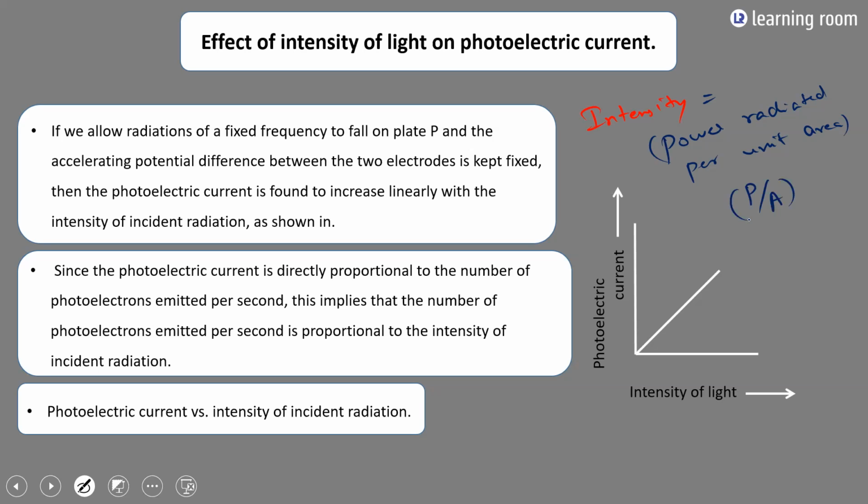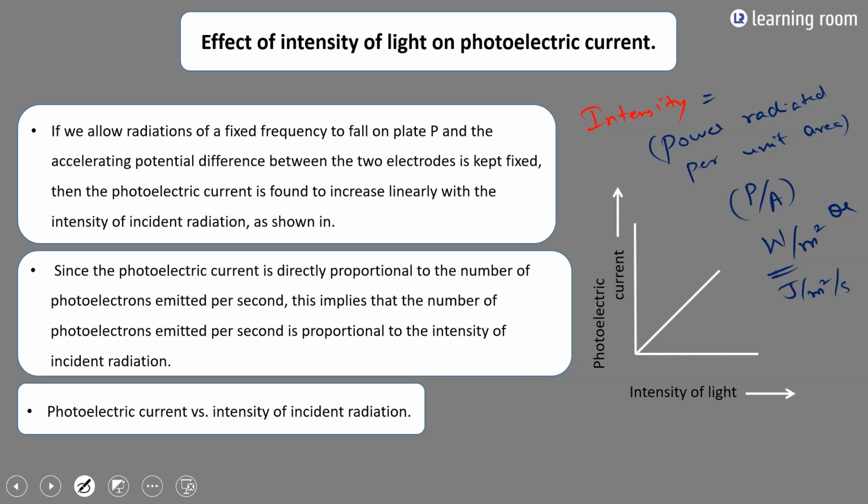This is not there in the textbook, so make a note of it. And its unit is going to be watt per meter square, or joule per meter square per second. Both are the same.